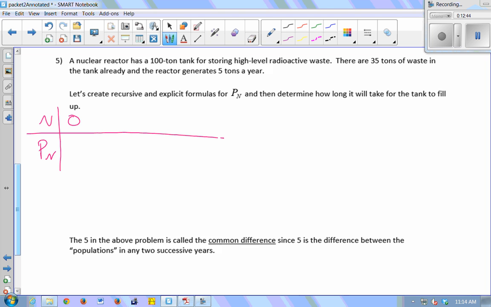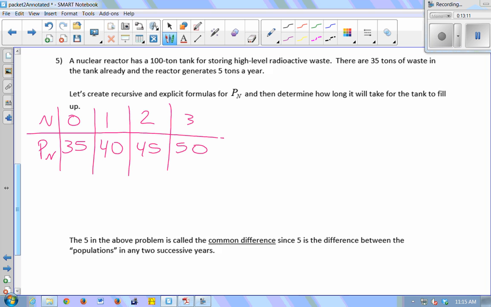It can hold 100 tons, but there are 35 tons in it right now. So at time 0, we have 35 tons. Okay. So 1 year later, we gain 5 tons per year. So how much do we have 1 year later? 40. And 1 year after that, we have 45. 1 year after that, we have 50, etc. Right?